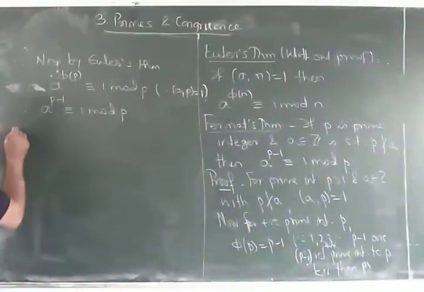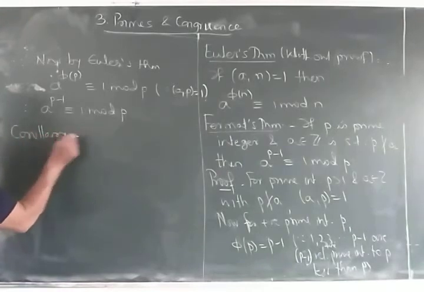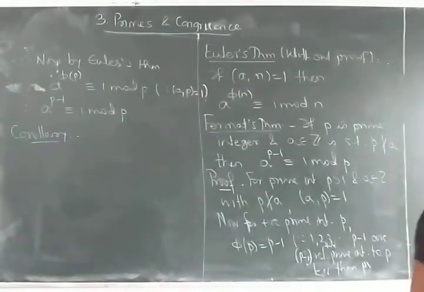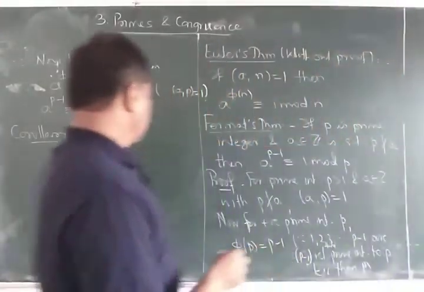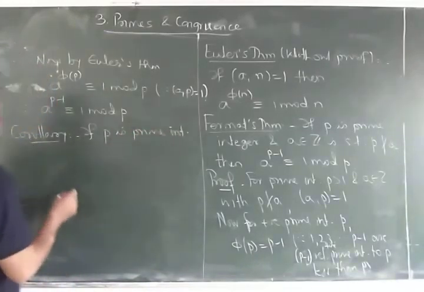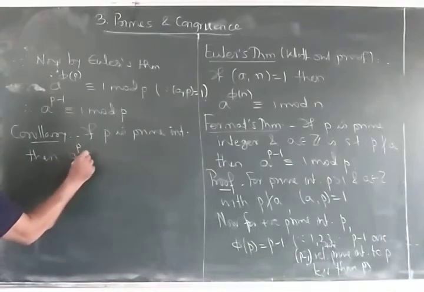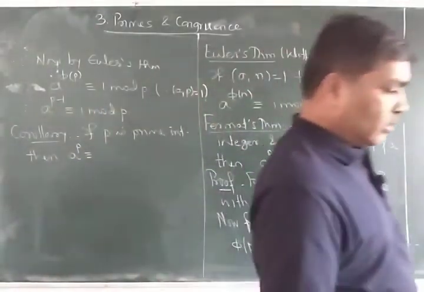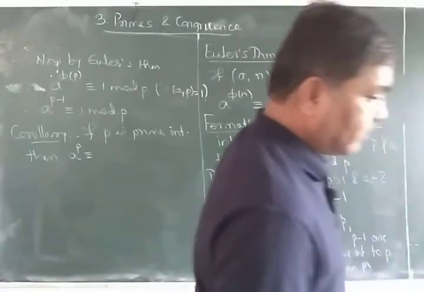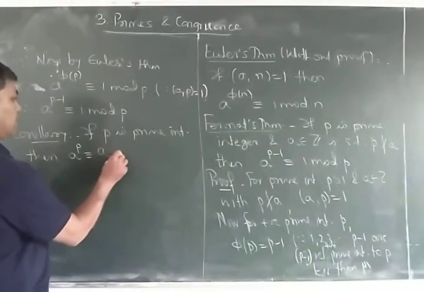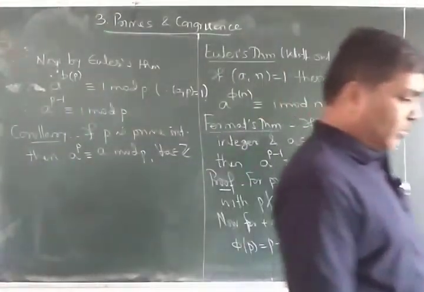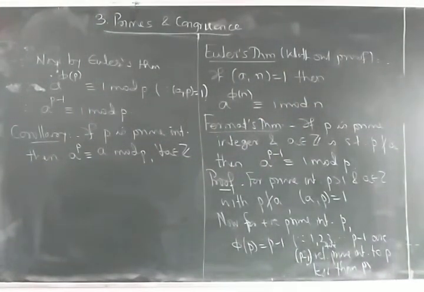Corollary. If p is a prime integer, then a raised to p is congruent to a mod p for any a belonging to Z. There is no restriction here.